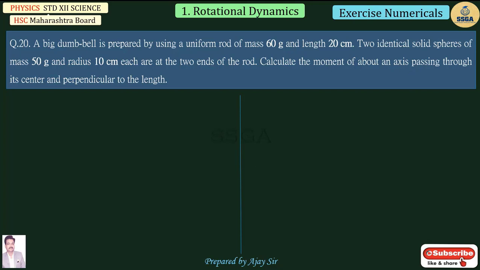So here the mass of the rod is given. So let us write the given things. Given: mass of rod, capital M, 60 gram. Then the length of the rod is given.